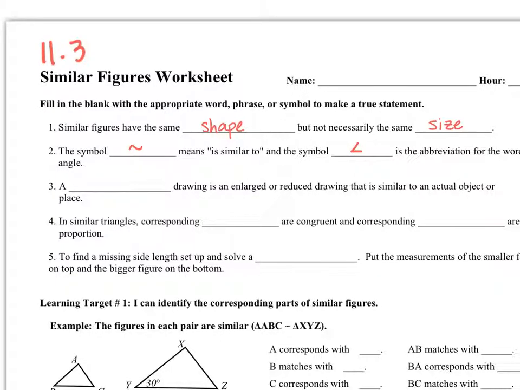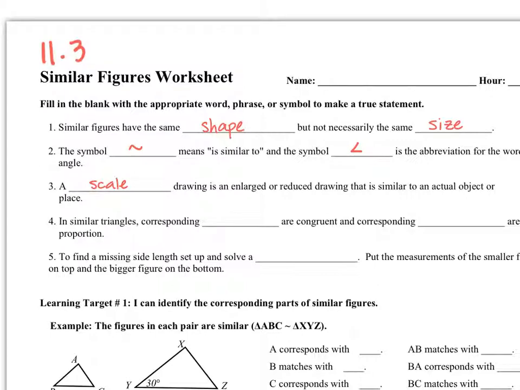Number three, a scale drawing is an enlarged or reduced drawing that is similar to an actual object or place. Think about if I asked you to draw a picture of the school, or of your home, right? If you're drawing it on a piece of paper, your home or the school is much bigger than your drawing.